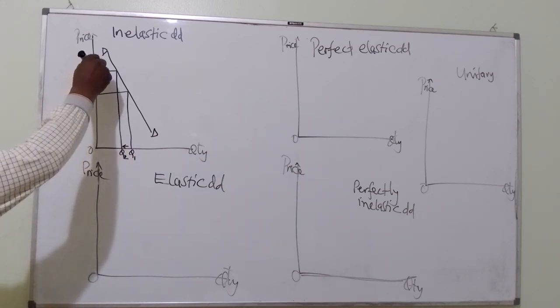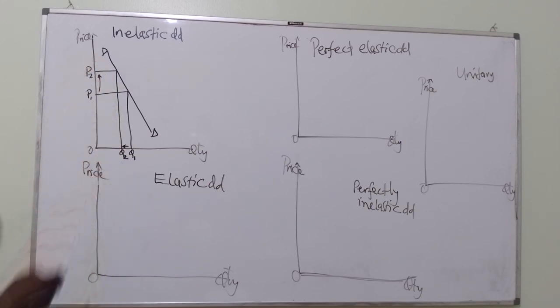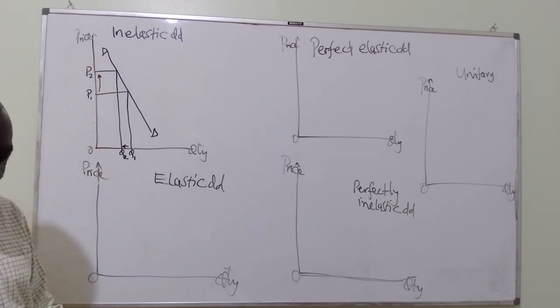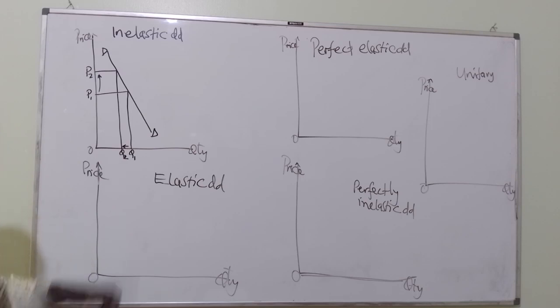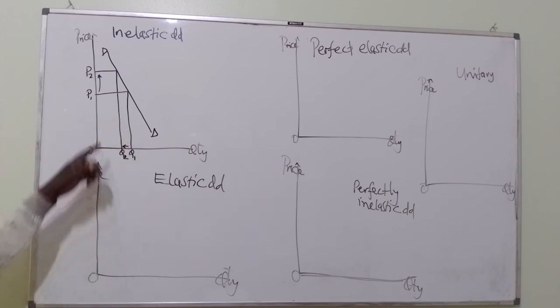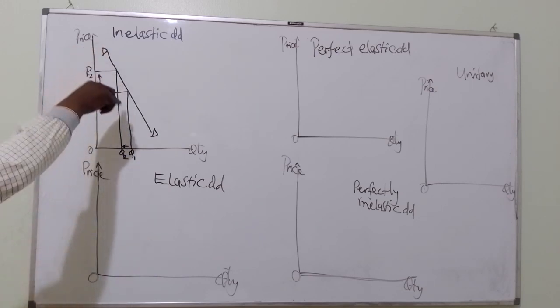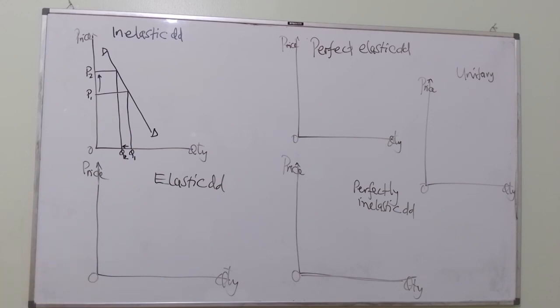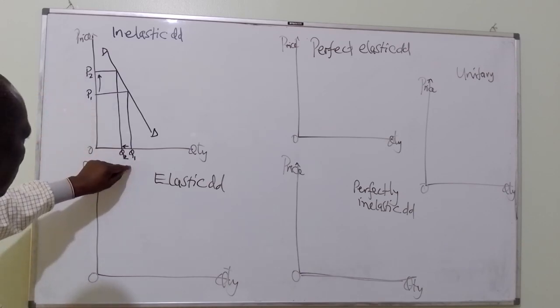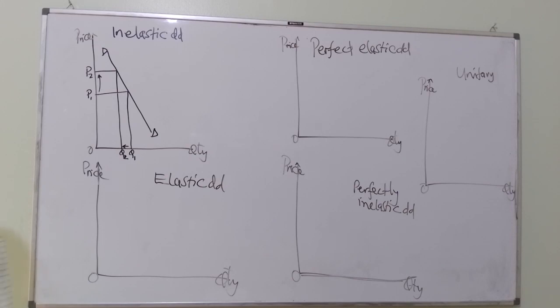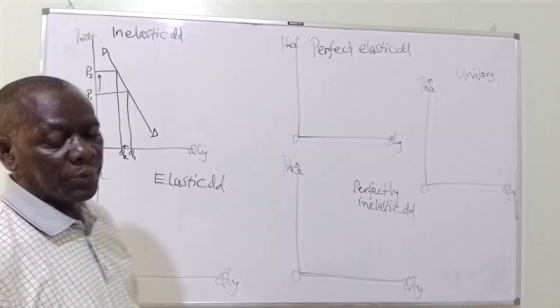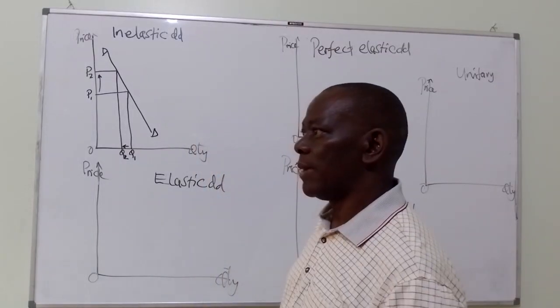So a bigger change in price leads to a slight change in the quantity demanded. That means the elasticity of demand for this commodity is inelastic. So the demand curve is steep, it is not gentle. That means a bigger increase in price leads to a smaller decrease in the quantity demanded. That is what we call the inelastic demand.